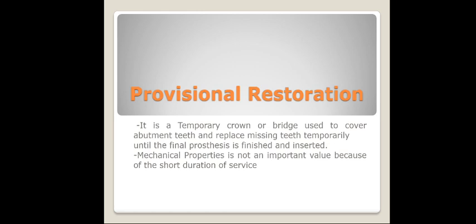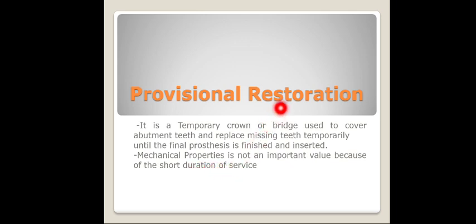After taking the impression, we have to cover the prepared teeth by a provisional restoration. It means a temporary crown or a bridge used to cover the prepared teeth, the abutment teeth, while the prosthesis is finished. In this period, that can be a week or 2 weeks, the prepared teeth are covered by the temporary restoration.